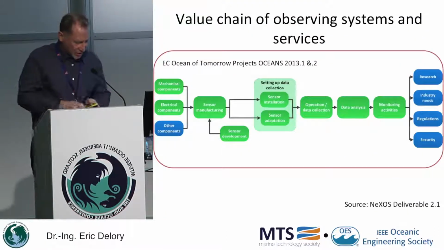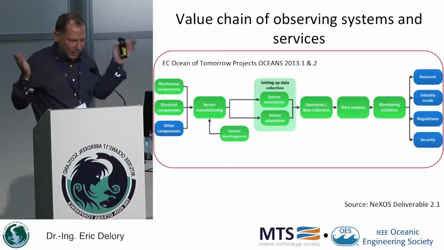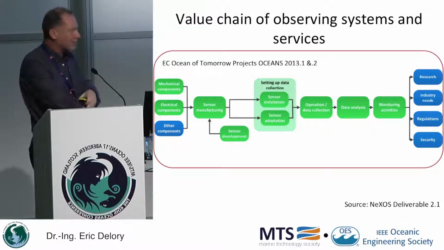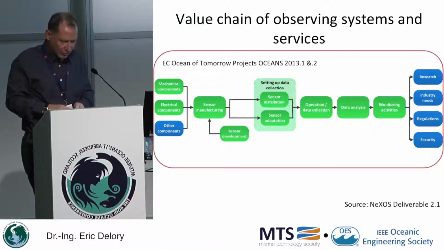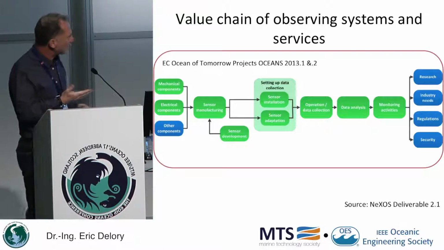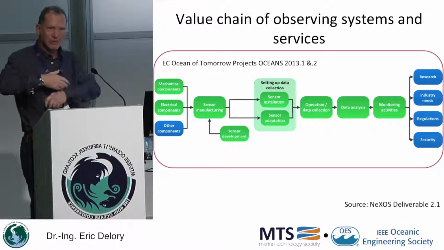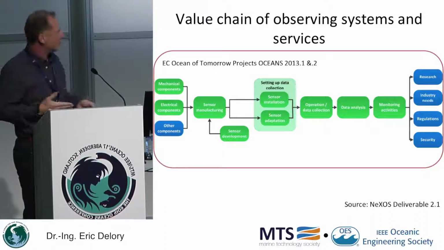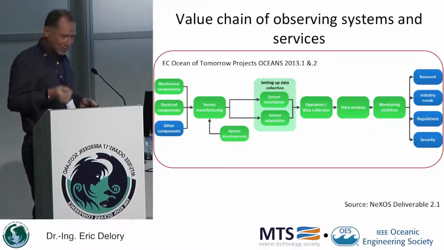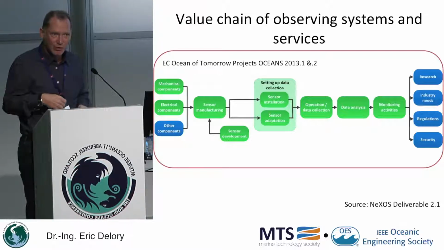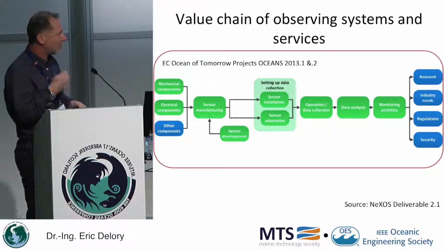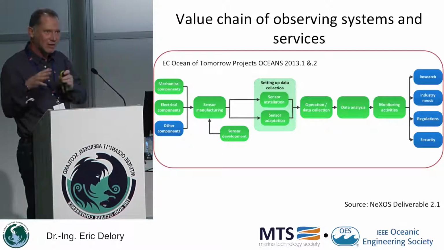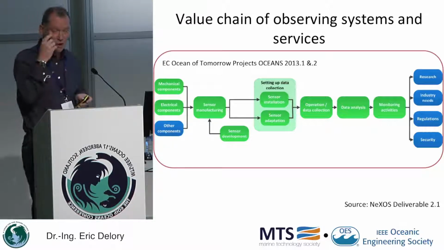Then, once you have all clear what you need to measure and how you need to do it and where, you also need to consider the fact that the observing system of systems and the monitoring services has a value chain. And when you consider cost, this is very important, because if you want to reduce cost, you have to start dividing the chain into small elements to understand exactly where you should work.